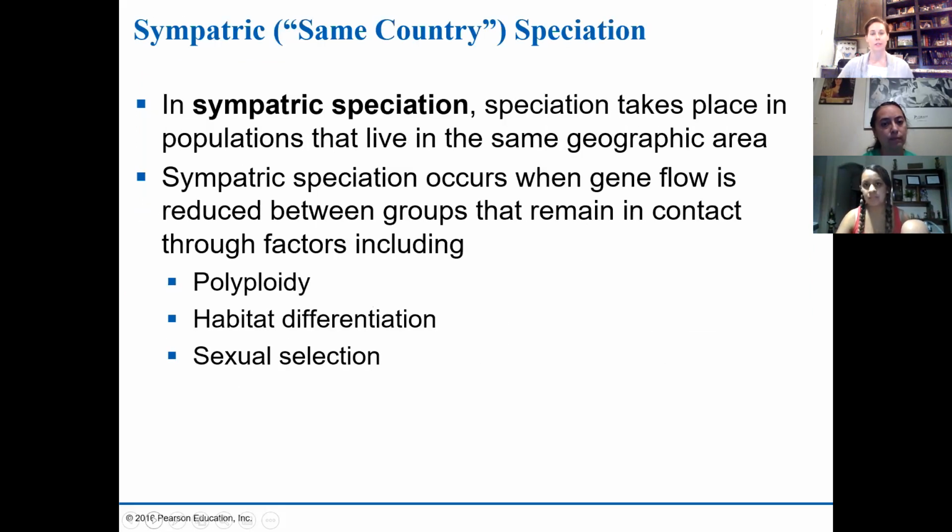And then sympatric speciation takes place in populations that live in the same geographic area. So this is when gene flow is reduced between groups that remain in contact through factors that include polyploidy, habitat differentiation, or sexual selection.